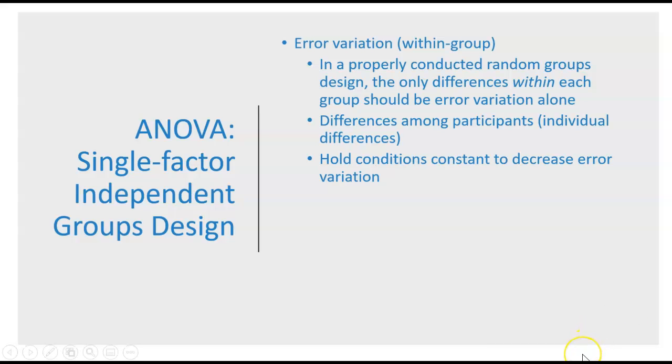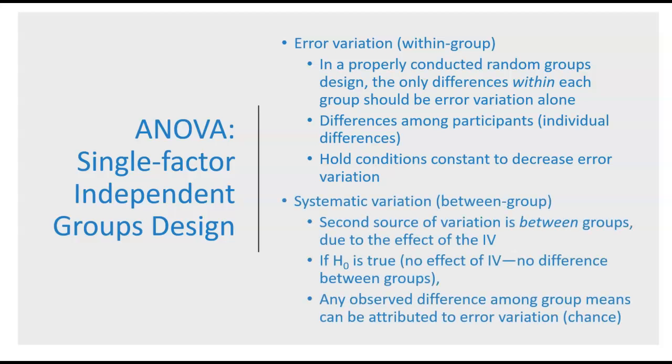Now, if you have groups that are defined by individual differences, like age, sex, male versus female, then in addition to just regular old error variation, you also have variation that is attributed to individual differences. We would like to be able to hold conditions constant in order to decrease the level of error variation. Sometimes that's easier said than done.